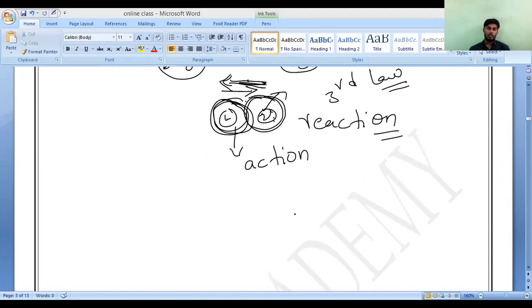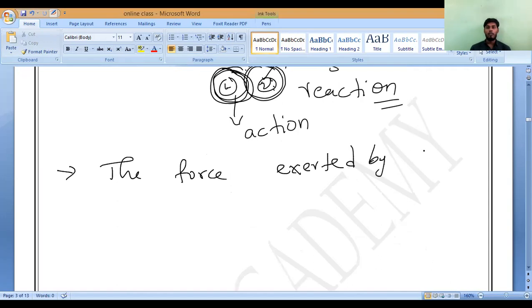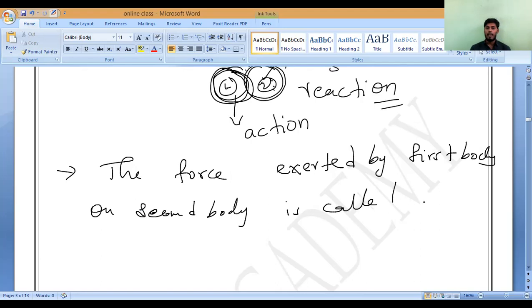All of you should note it down. The force exerted by the first body on the second body is called action. Monish, Tarun, are you understanding?